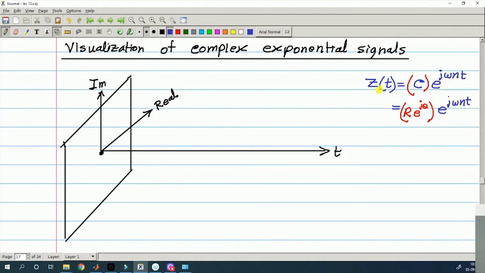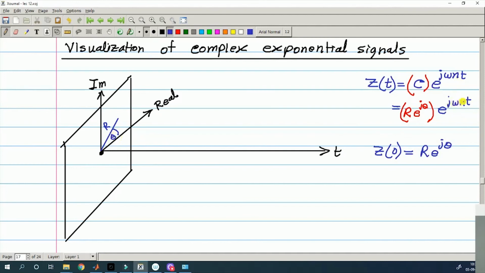Then at t equal to 0, z(0) will be r e to the power j theta, which can be represented as a vector with length r and angle theta.